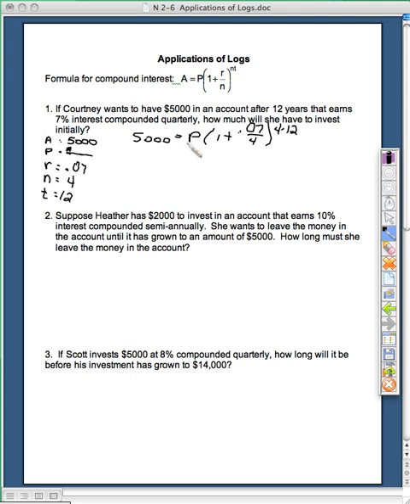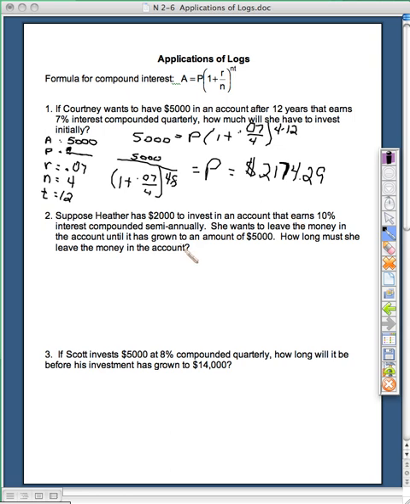We're going to have to solve for P, so we're going to divide 5,000 by all of this, the (1 plus 0.07 over 4) to the 48th power. And when you do that, you're going to get about $2,174.29. Remember that since it is dollars and cents, you need to carry it to a couple decimal places, and that's your answer.